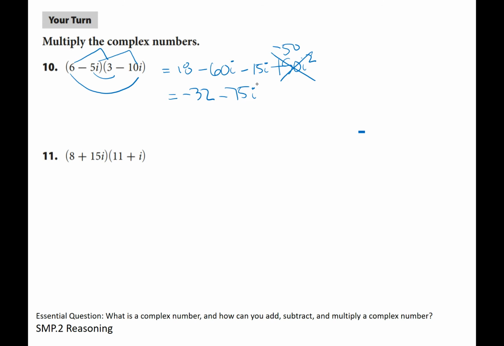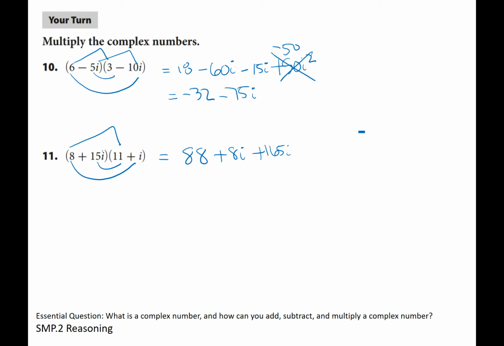All right, we're going to try it again. So 8 times 11 is 88. 8 times i is 8i. 15i times 11 is 165i. You can use a calculator, that's okay.